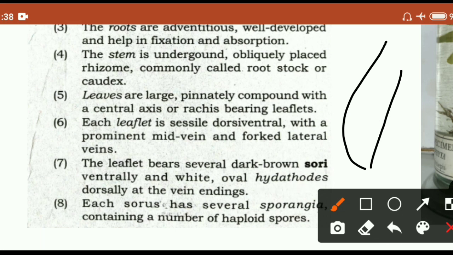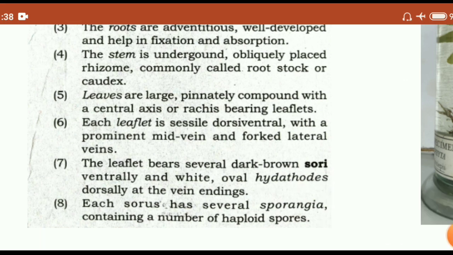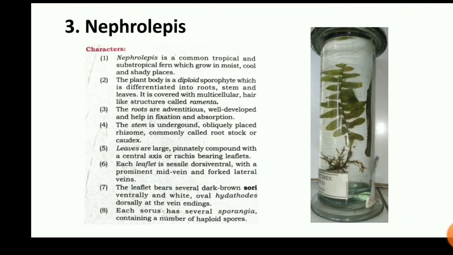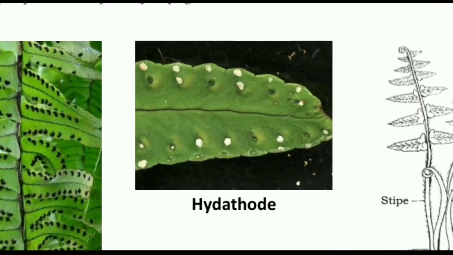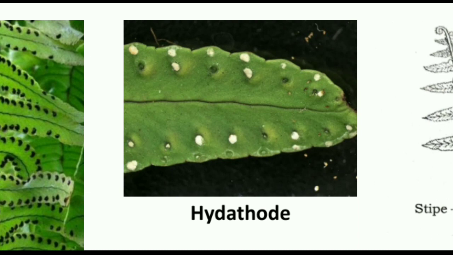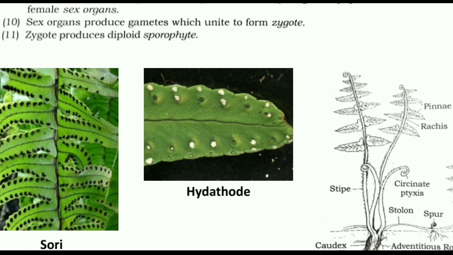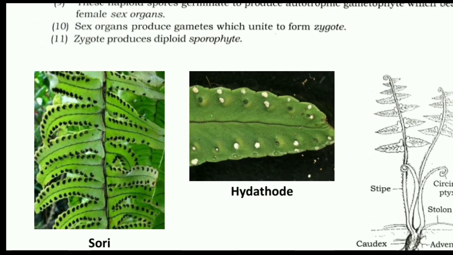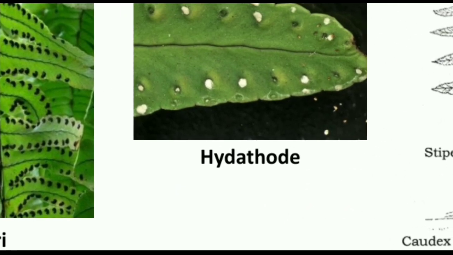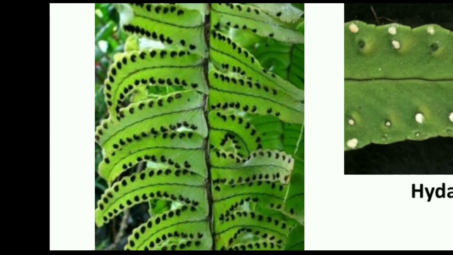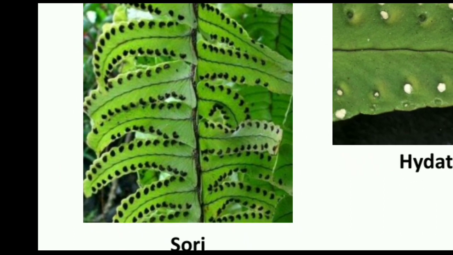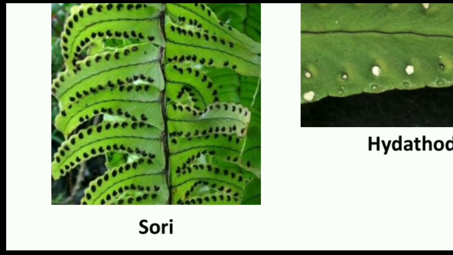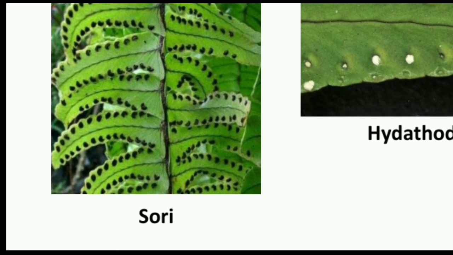To show you some photos of it, see, these are the hydathodes which are on the upper side of the leaf, which are white in color, and these are on the lower side of the leaves, which are called sori. These can be either dark brown or black or even sometimes yellowish in color.